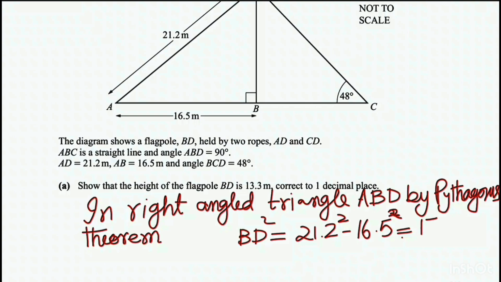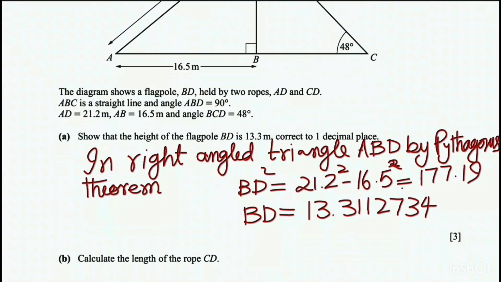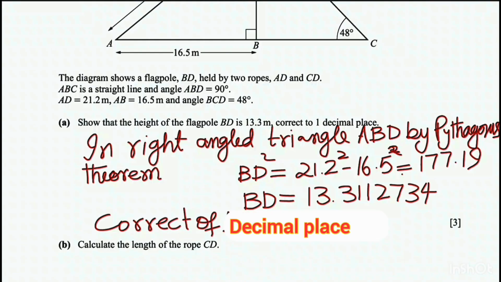By using a calculator, we get its value, 177.19, and by taking the square root, BD is 13.3112734, and it continues. So BD correct to one decimal place is 13.3.